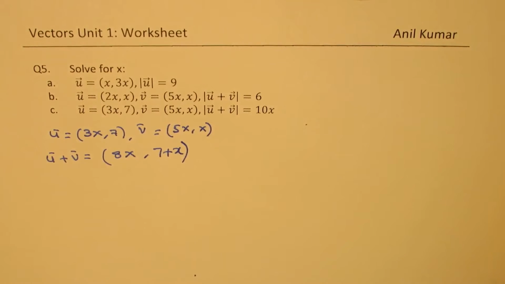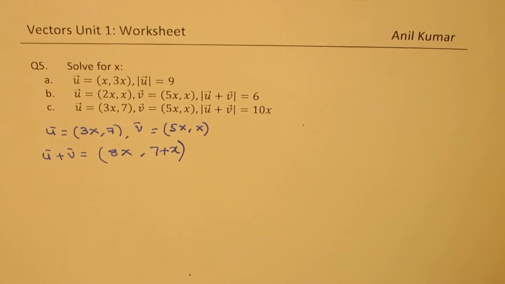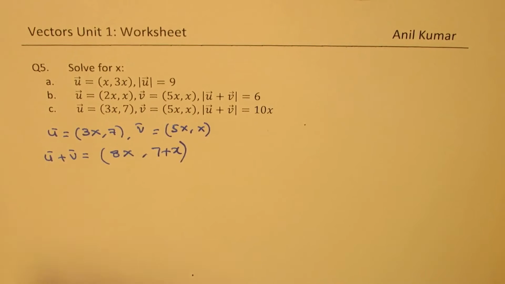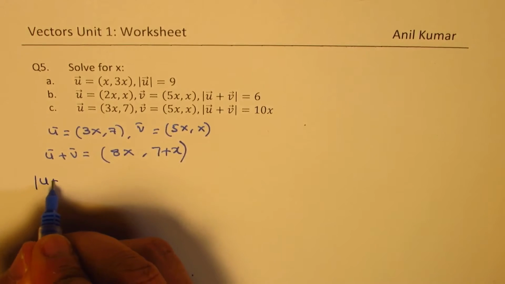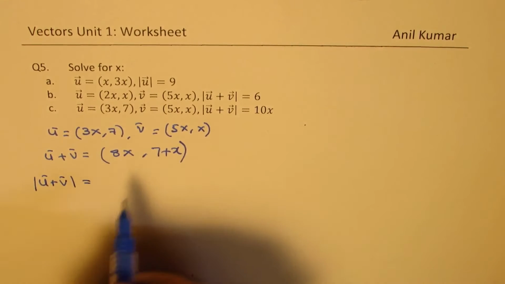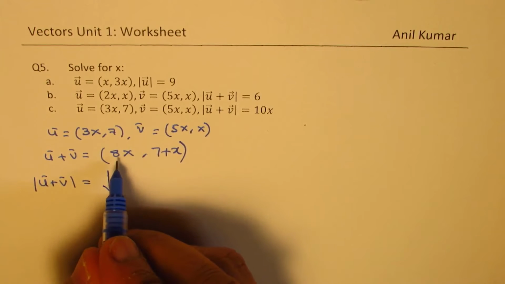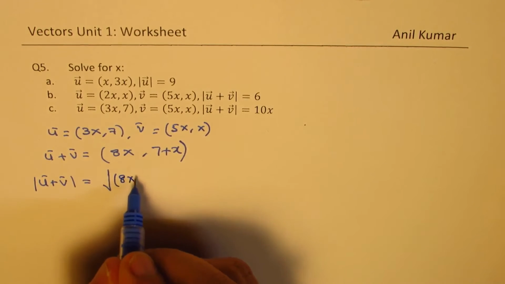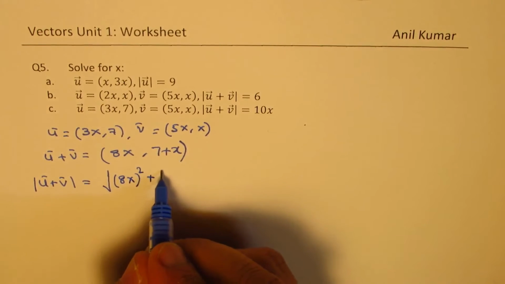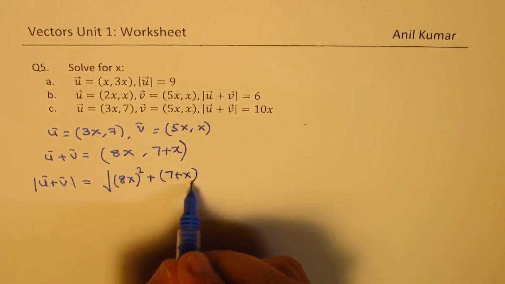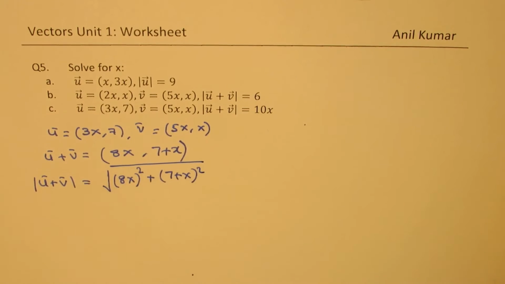So that becomes the sum of this vector. Now, magnitude of this sum is what? Magnitude of u plus v will be square root of (8x) whole square plus (7 plus x) whole square, correct?